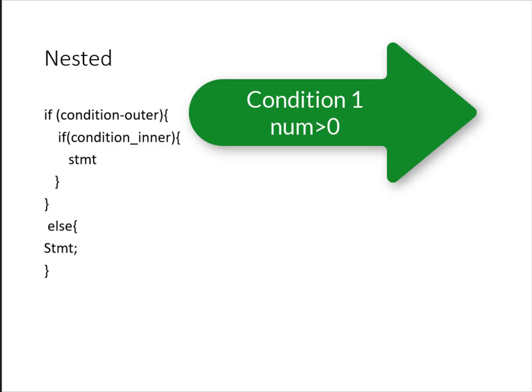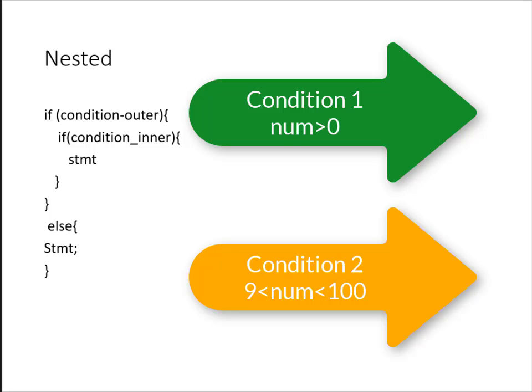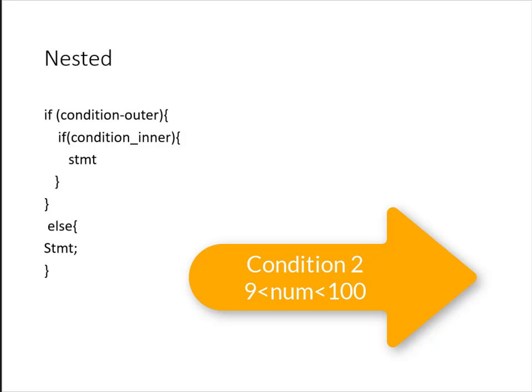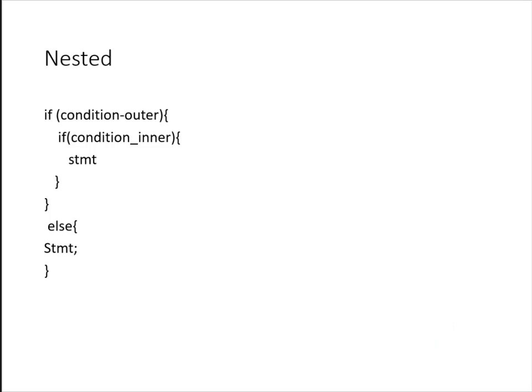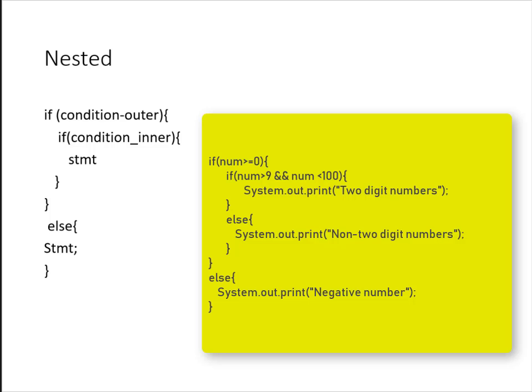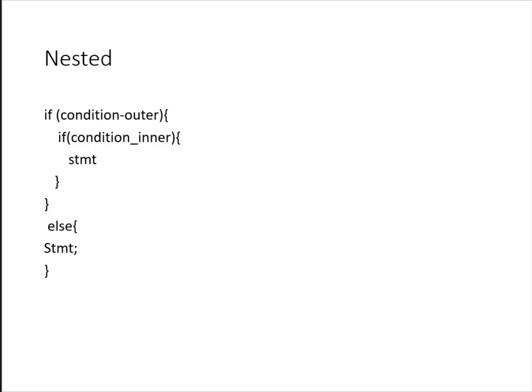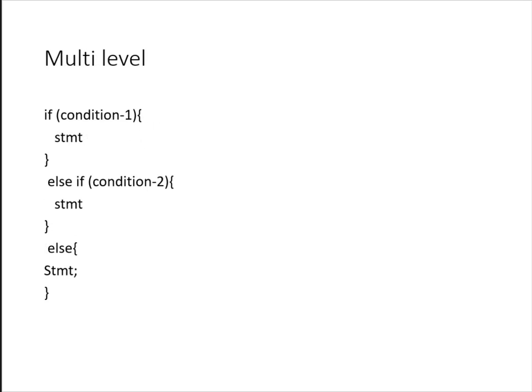If the number is greater than or equal to 0, then it is a positive number. Now the subcondition, the inner condition, checks for the 2-digit number, that is, number greater than 9 and number less than 100. If it matches, it is identified as a 2-digit number. Otherwise, it is identified as a non-2-digit number. If the number is less than 0, this can be treated as a negative number. This is how we approach the nested if condition.